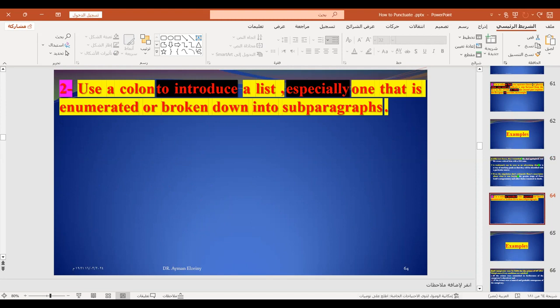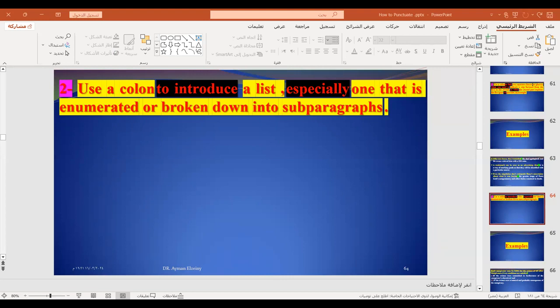Again, the second usage of colon is to introduce a list, particularly one that is enumerated or broken down into subparagraphs. When we want to break down the conditions, whatever the content of the list, into subparagraphs.